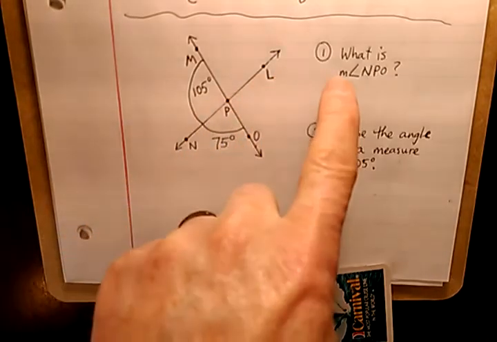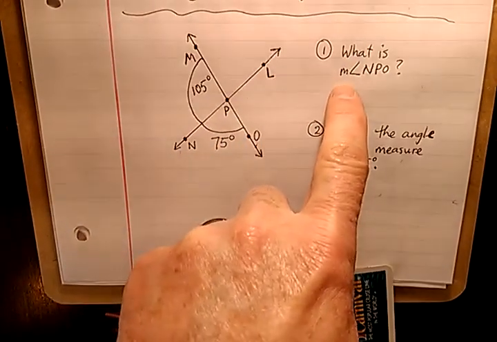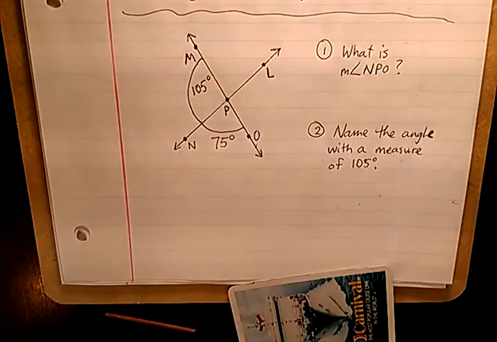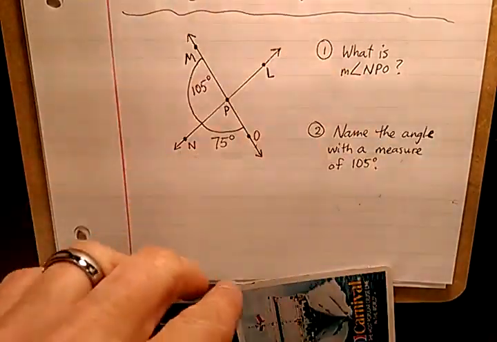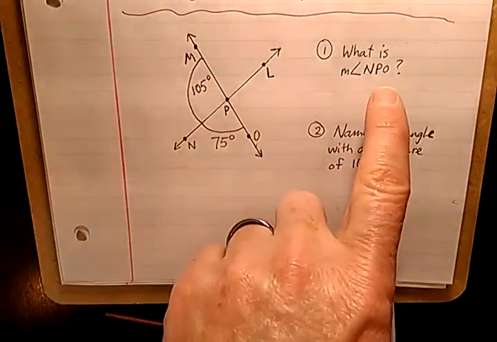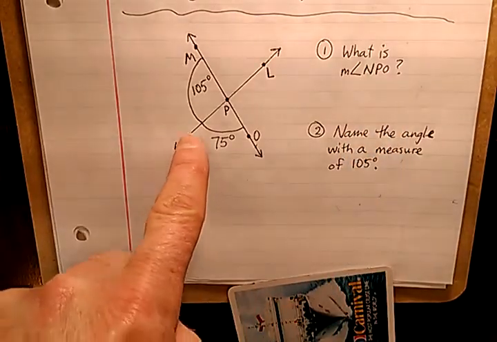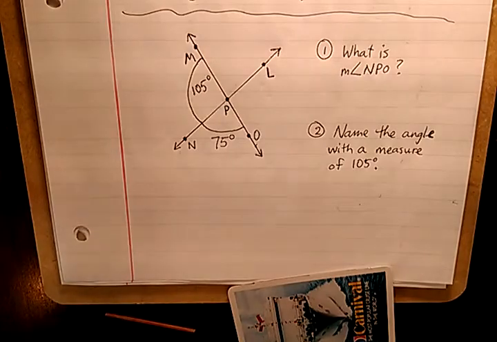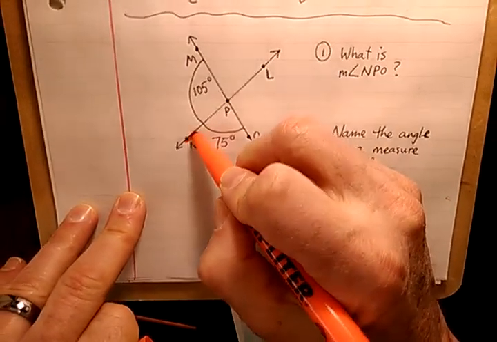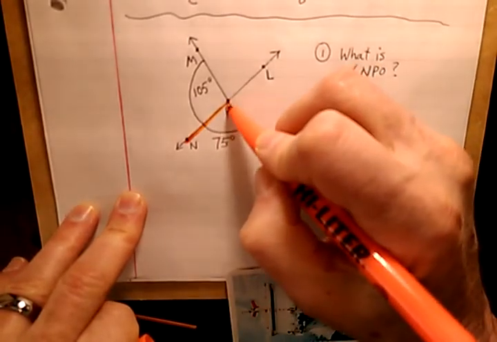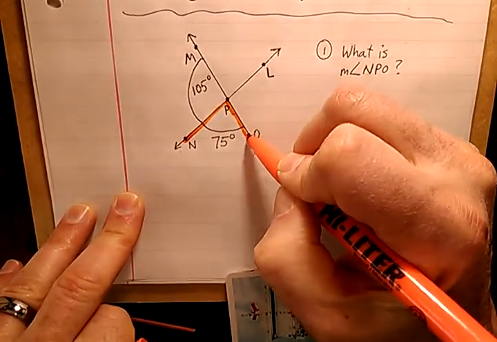The first question says, what is the measure of angle NPO? So even though there's a lot to look at, the letters NPO can tell us where to focus. So I find N and P and O right here. It might even help to use a highlighter. So I'm going to highlight from N to P to O is here.